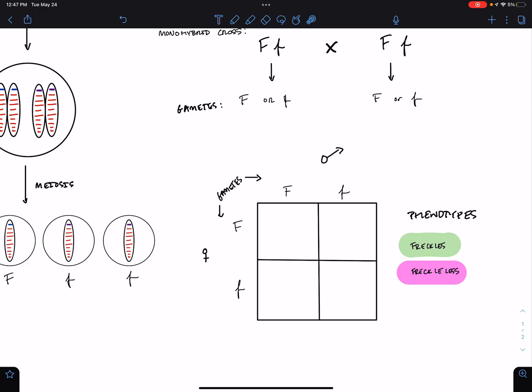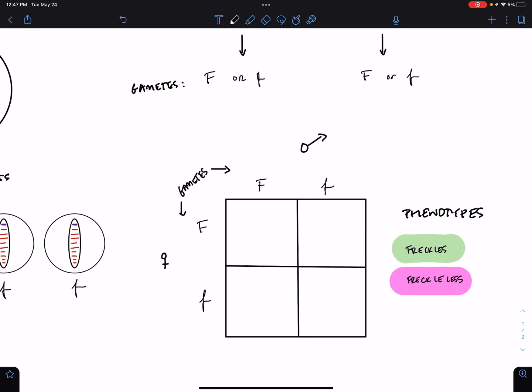So we put the gametes that they can produce on the outside of the box, and on the inside of the box, we imagine these gametes fusing together, the egg and sperm coming together, and we make the diploid inside of the square. So you can see here when we fill out the square, we get this pattern.